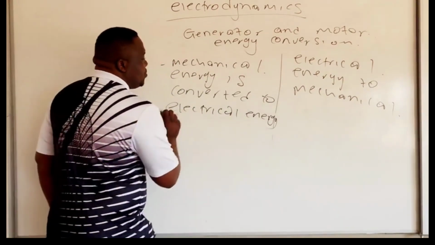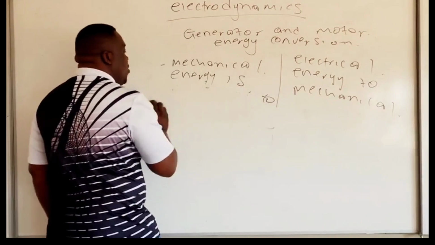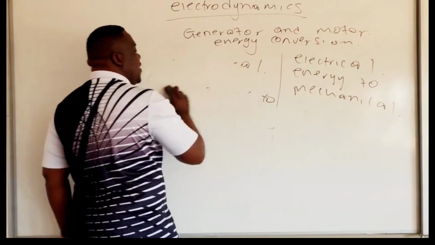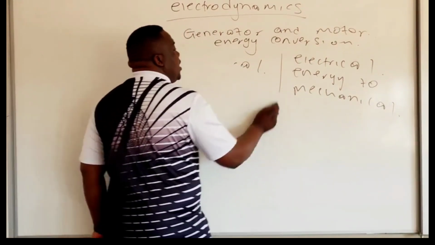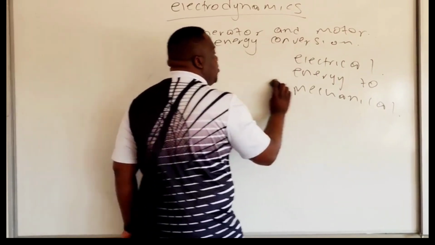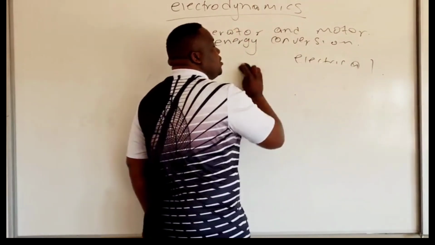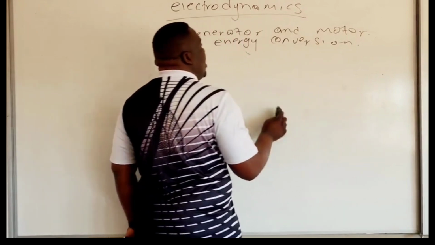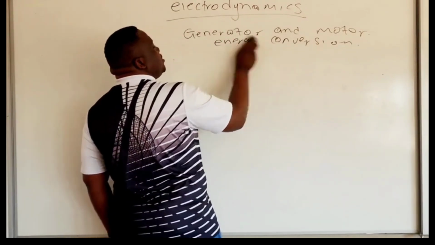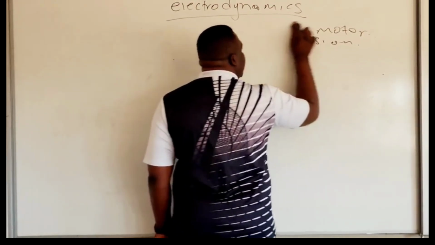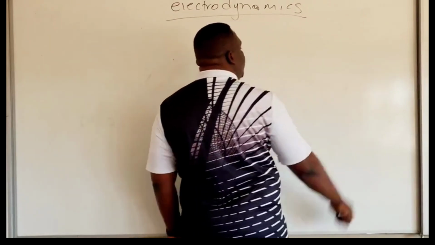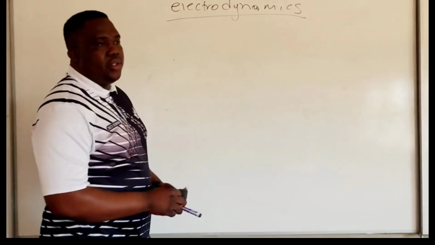Now I want us to talk about something very important, and this thing is found in both a generator and a motor. Sometimes kids get confused. They think the things I'm about to explain are found only in a generator, but they are found in both.